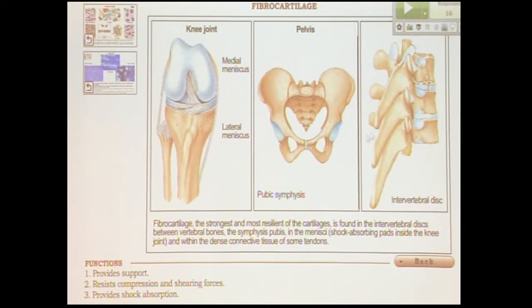Another important place is between the discs between your vertebrae. When you herniate a disc, it's those. A big part of the discs is fibrocartilage, and we'll talk more about their structure in the bone chapter. Think about how much weight's on your spine all the time, 50, 60, 70 pounds at all times.